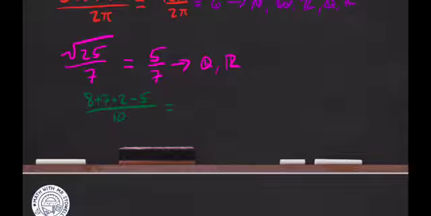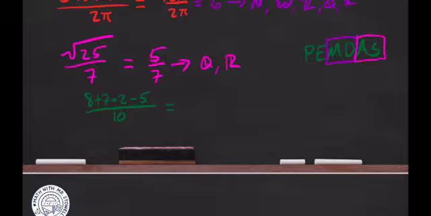Well, this brings us to remember order of operations. It's PEMDAS: parentheses, exponents, multiplication or division, whichever one comes first from left to right, and addition, subtraction, whichever one comes first from left to right.